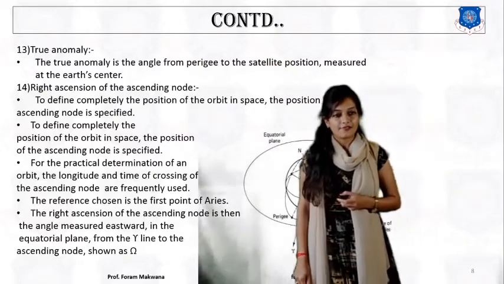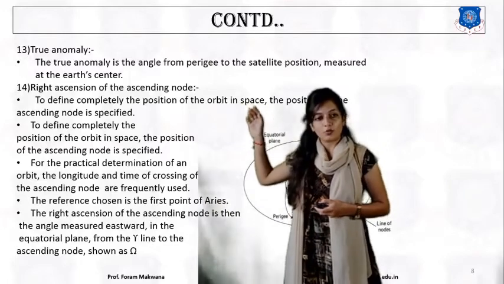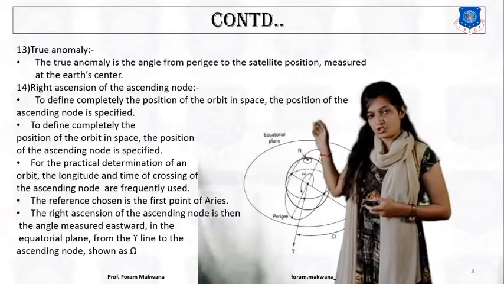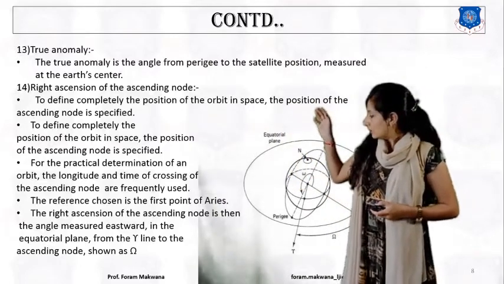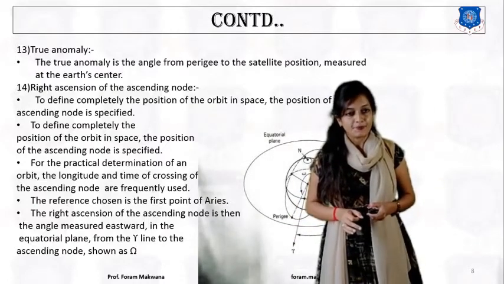Now the last definition is the right ascension of ascending node. That means if you want to define completely the position of orbit in space, the position of ascending node should be specified.